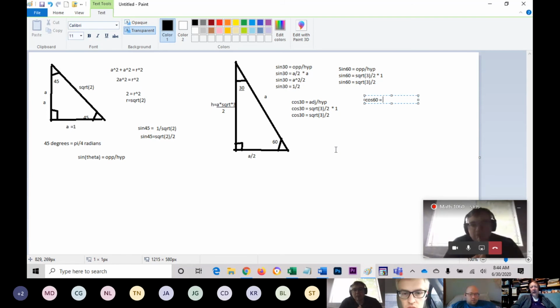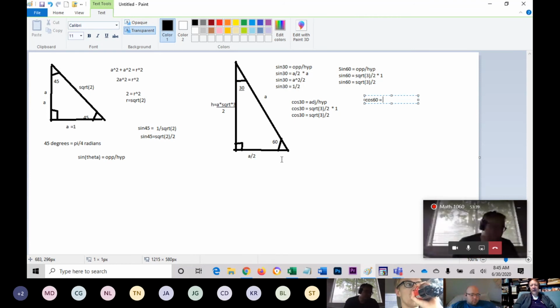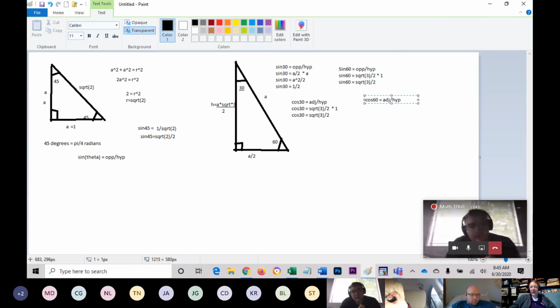Yeah, it's relative to the angle you're looking at. Okay. So cosine is adjacent over hypotenuse. I promise you guys are definitely going to want to commit this to memory. We'll do the tangent here in a minute. So it would be A over 2 over A, which would be 1/2 over 1. Is that right? So the adjacent is A divided by 2, or 1 over 2. We're going to just call it 1/2. Okay.